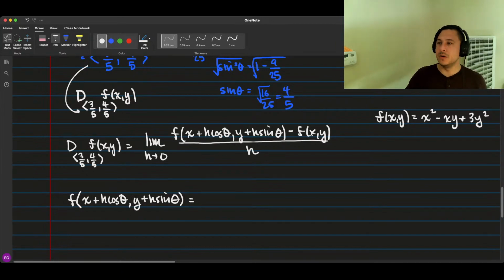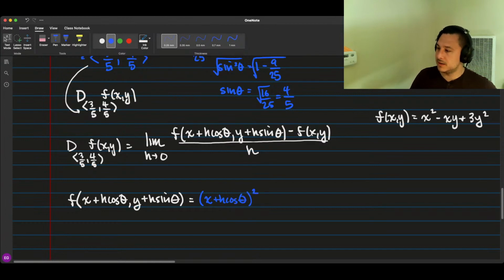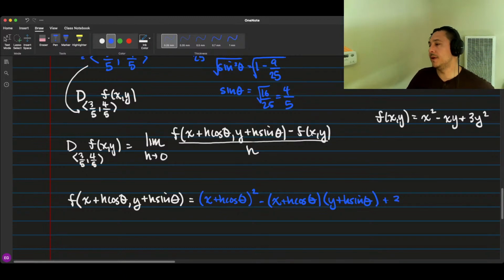Okay, so what are we going to do? We're going to take our x component and we're going to square it. So we're going to get x plus h cosine theta quantity squared minus the x component, so x plus h cosine theta, times the y component, so y plus h sine theta, plus 3 times the y component squared, so 3 times y plus h sine theta quantity squared.